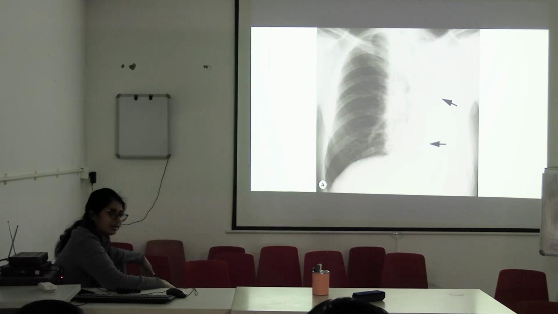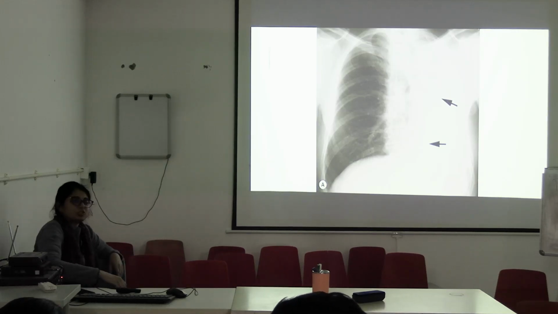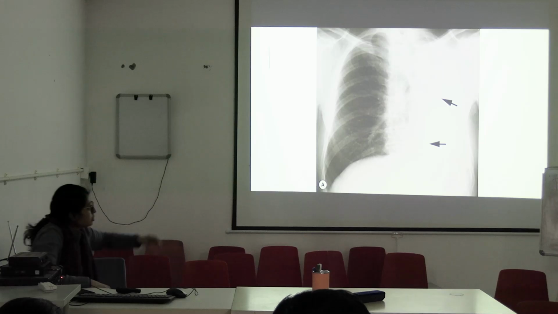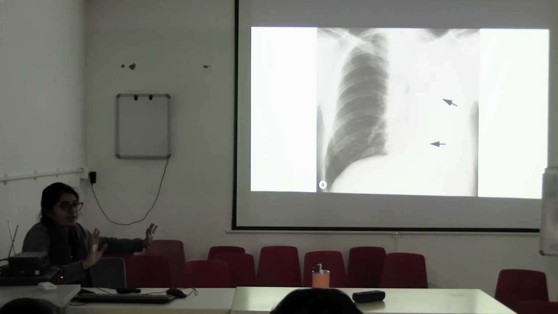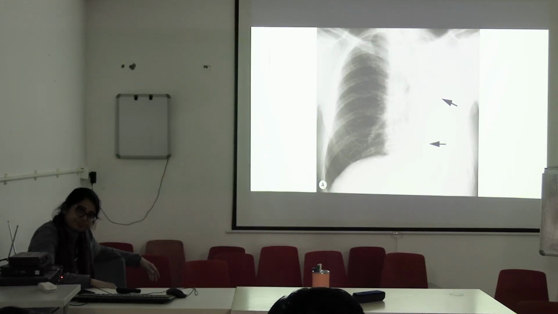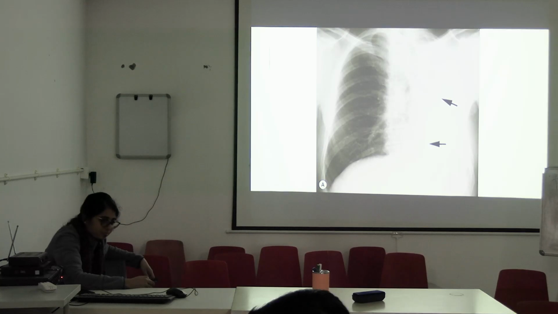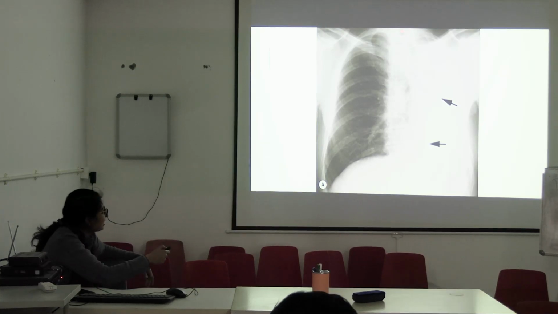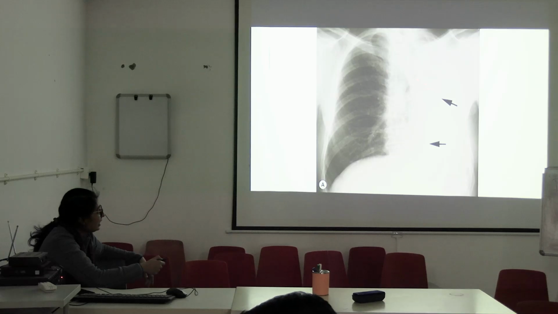It gets pulled. Understood? So most probably this is a collapse of the left lung. The total left lung has collapsed. Yes, look at this, the trachea, just trace it. See, the bronchus has divided: right bronchus, left bronchus, and this is the trachea. I am tracing it from above.